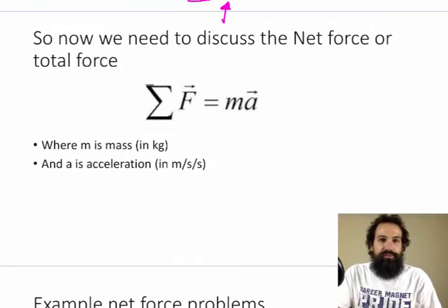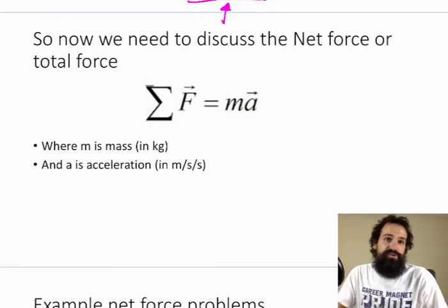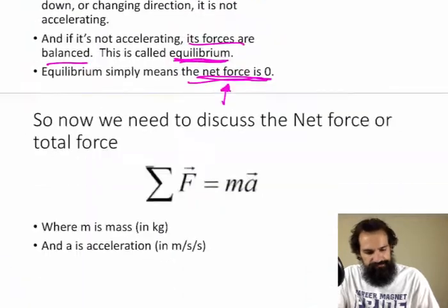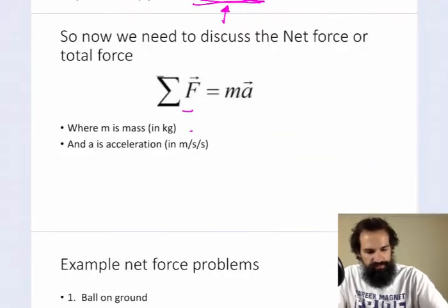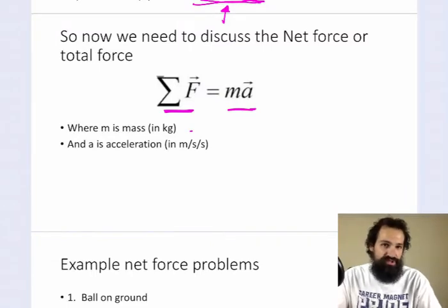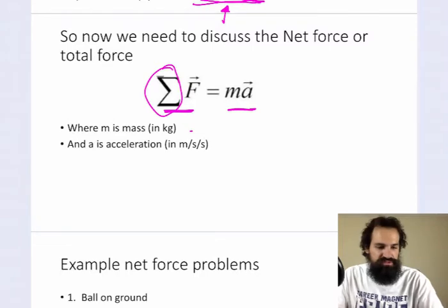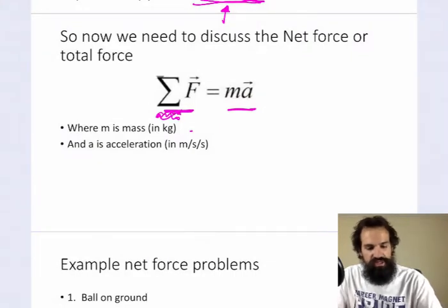All right, so now we need to discuss net force, or the total force. And that's equal to, by the way, this is the equation, net force equals mass times acceleration. This Greek letter sigma just means total. So the sum of all of the other forces is equal to mass times acceleration.